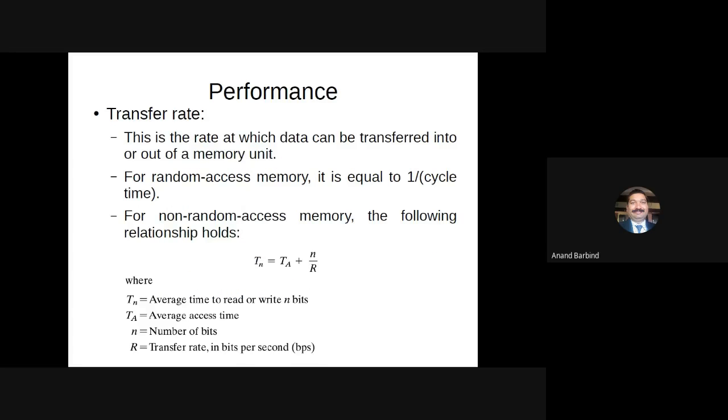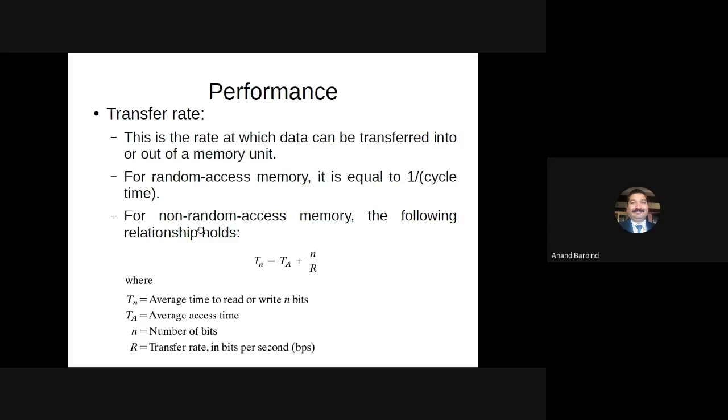The transport rate is the rate at which data can be transferred into or out of the memory unit. For random access memory, it is equal to 1 divided by the cycle time.